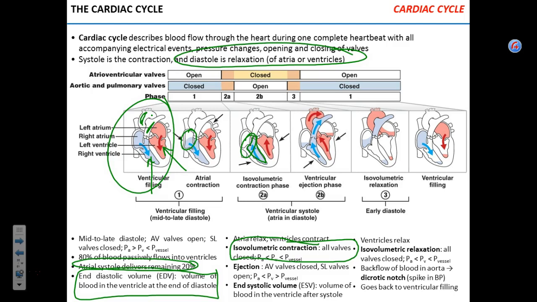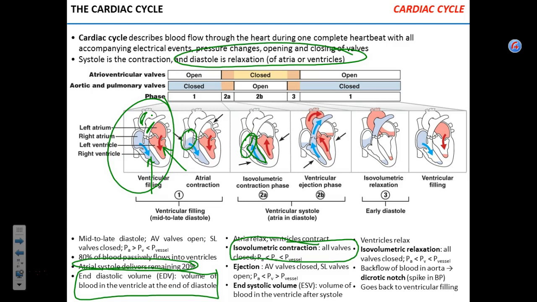Okay? At this point, which chamber, which anatomical part has the highest pressure? When you just said semilunar open, AV still closed, it's ejection. Which part has the highest pressure? Ventricles. Ventricles have the highest pressure at this point.